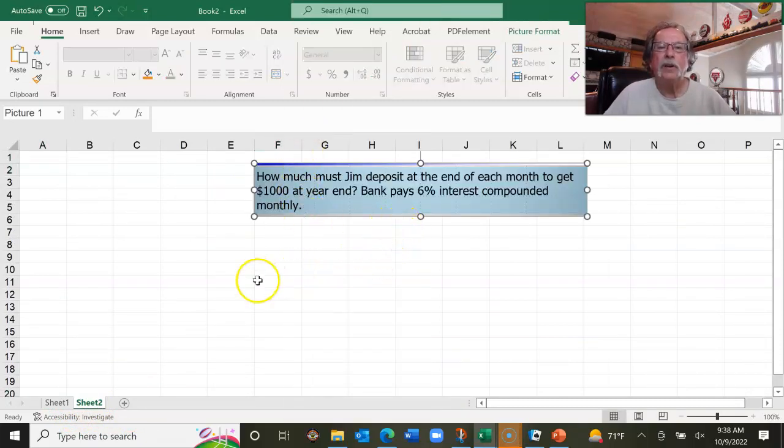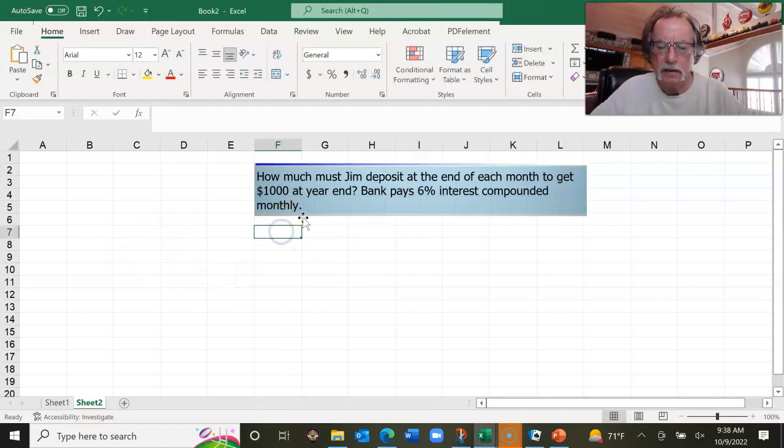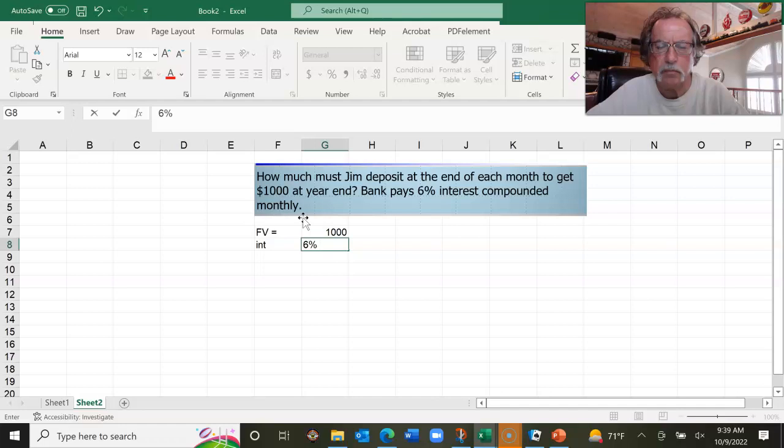So we know that we want $1,000. So your future value, your interest is basically 6% per year.